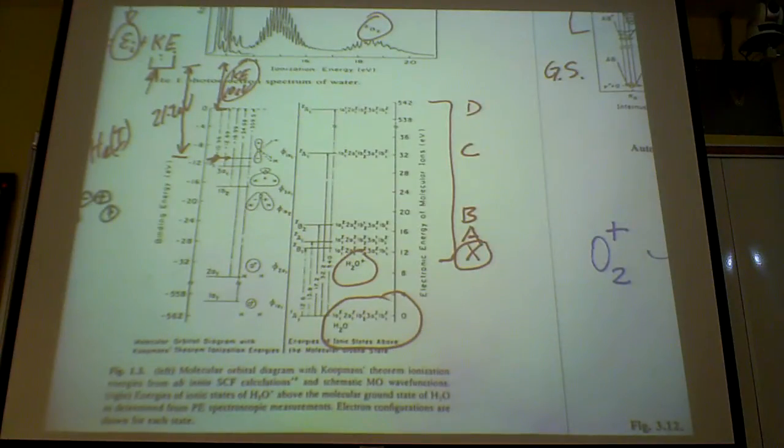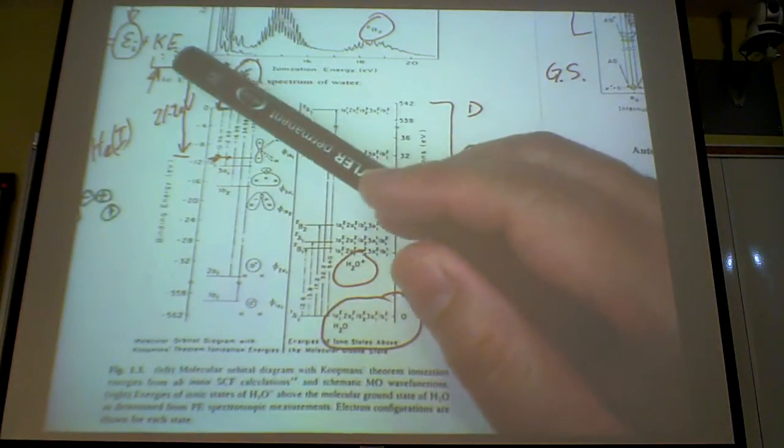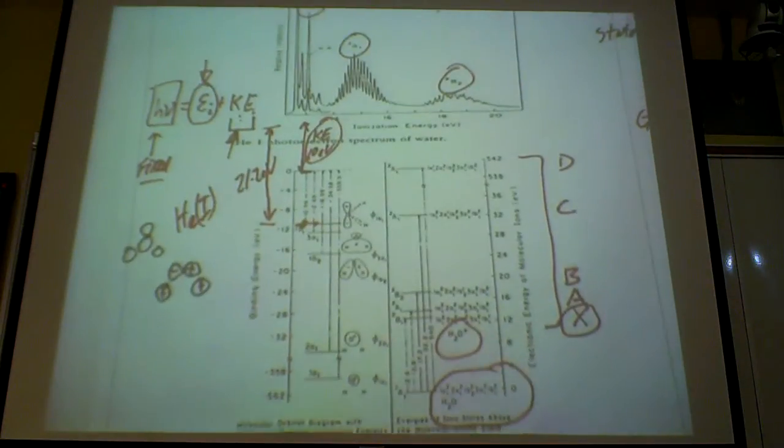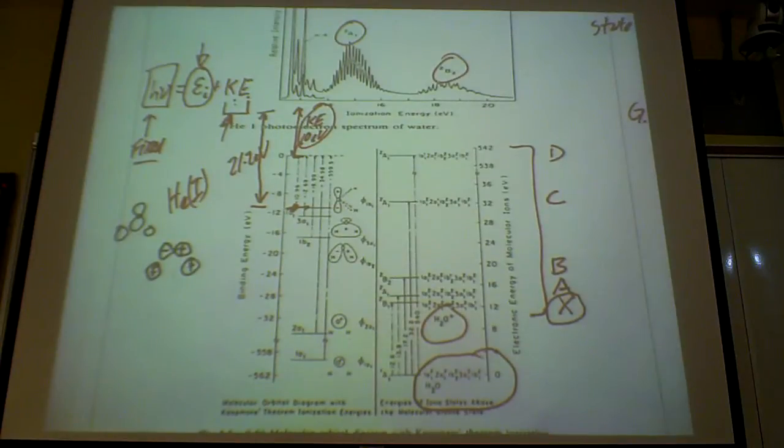Now, what happens in photoelectron spectroscopy? Well, take your photon energy. Let's say you have a photon which you generate by exciting helium atoms and then letting them come back down from the excited state. You first excite your helium atom by high voltage, putting helium atoms between two plates.